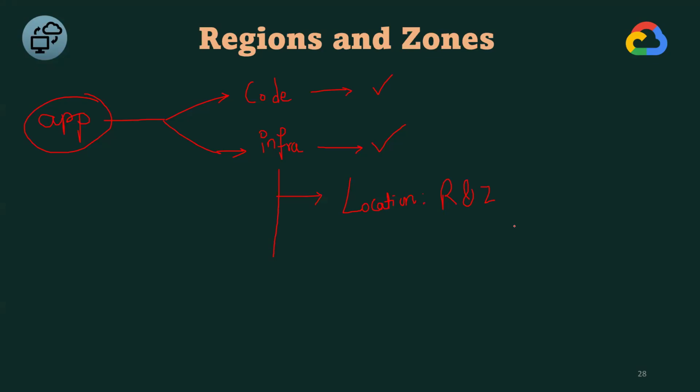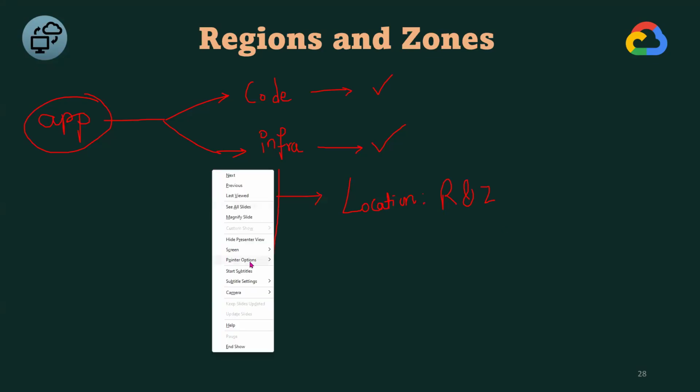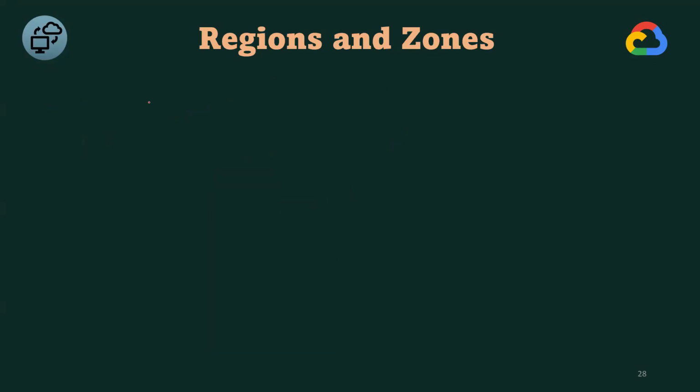If you don't select a proper region, try to understand this point. Assume that this is an entire globe. Here we have North America. Here we have South America. Here we have Europe. Here we have Asia.